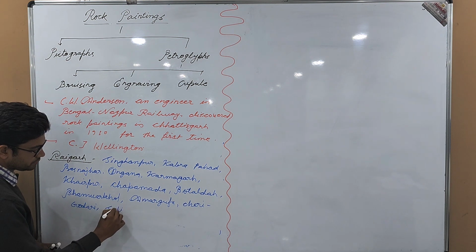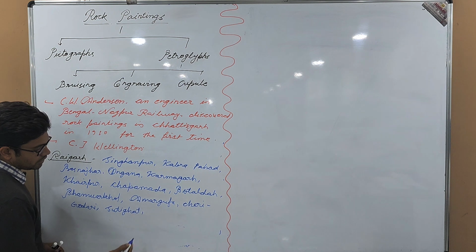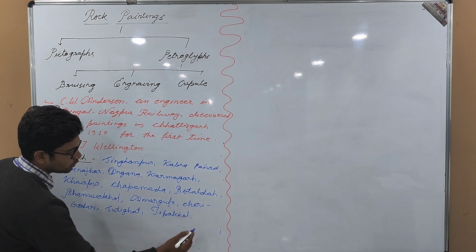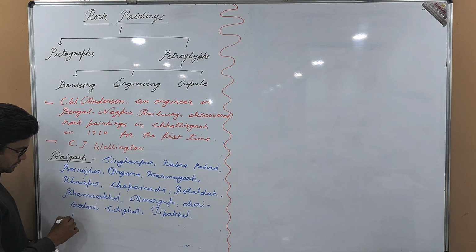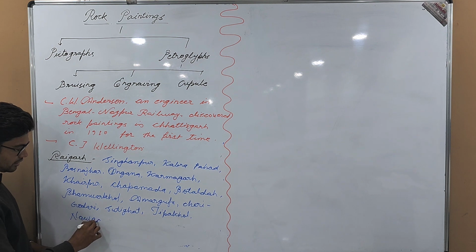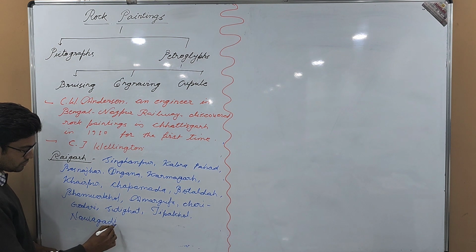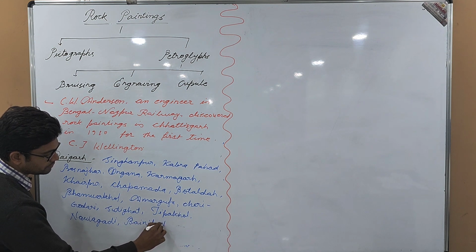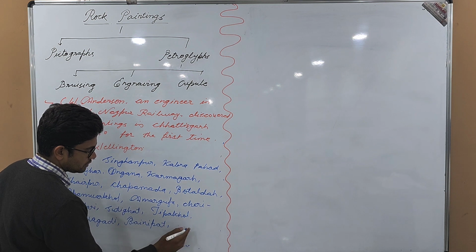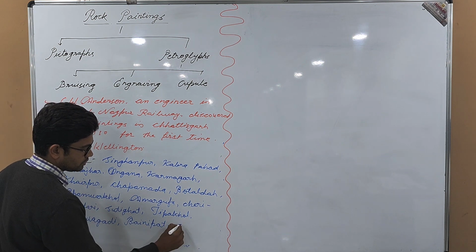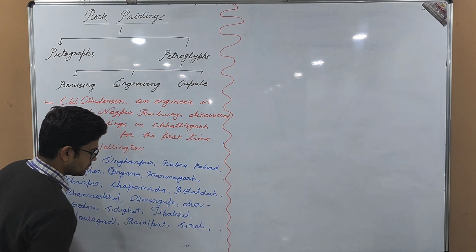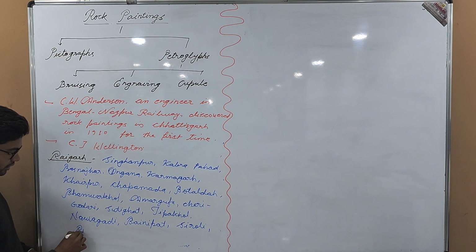Then Suti Ghat, and then Tipa Khol. Apart from that, there are other places as well, like Navagadi, Benipat, then Siroli Dongri, then Potia and Gidha.